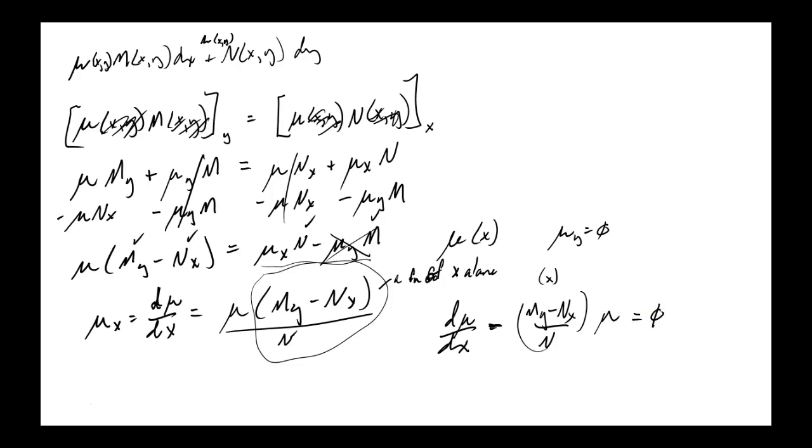Well, guess what, folks? It's a linear equation in mu. If this is a function of x alone, then integrate that, and then e it.